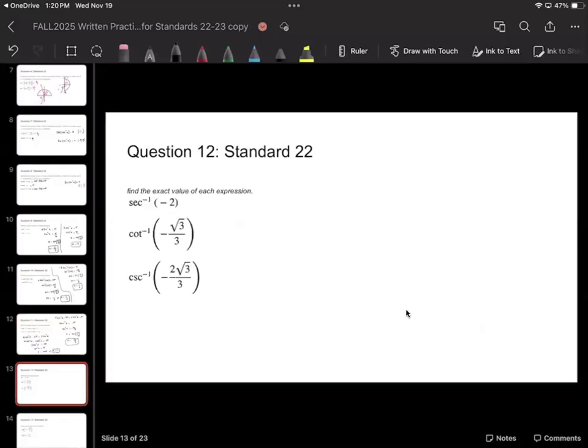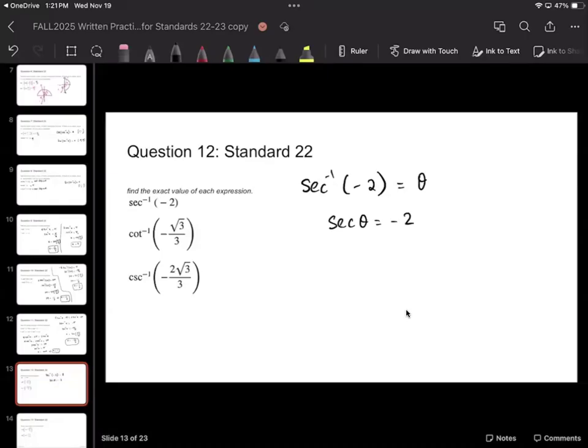Okay, find the exact value. Secant inverse of negative 2. Now let's make that into some angle x. Even if you want, if it needs to be obvious to you, make it into some angle theta, right? Then what this says is secant theta is negative 2, correct?